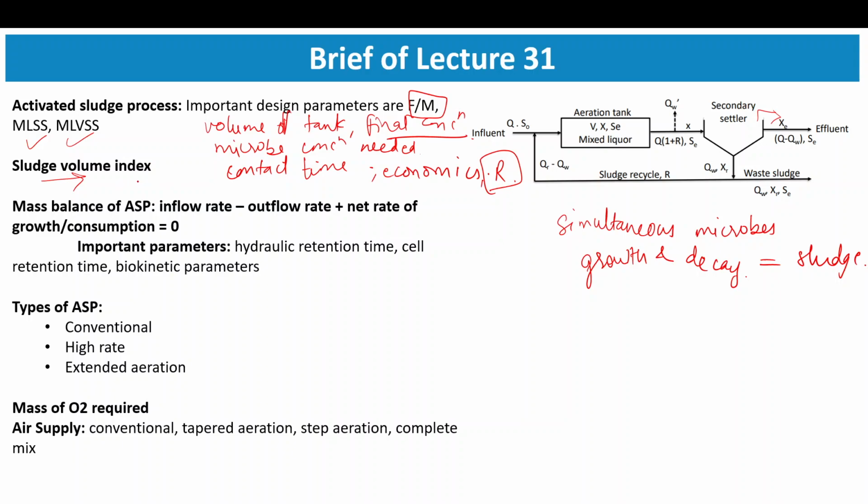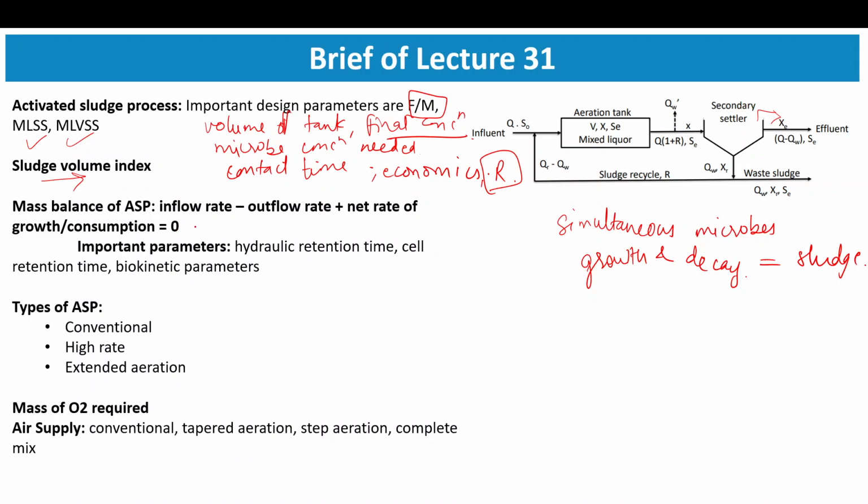It can be calculated by allowing the wastewater containing sludge to settle for 30 minutes, and based on that you can calculate the sludge volume index. Out of 1 liter of wastewater containing sludge, what is the percentage of sludge present in it? We take 30 minutes because the process has been standardized.